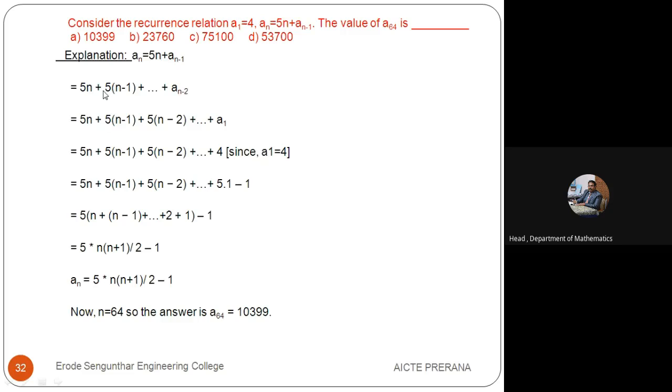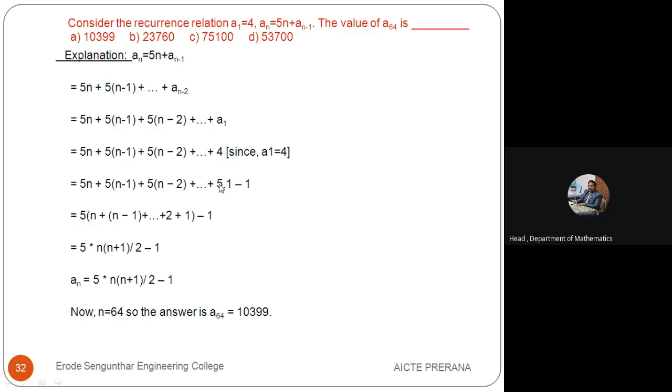We rewrite this equation as 5n plus 5 into n minus 1 plus 5 into n minus 2 plus etc., plus an minus 2 plus an minus 1 plus etc. The last term is a1. Since we are given that a1 equal to 4, we substitute a1 equal to 4.